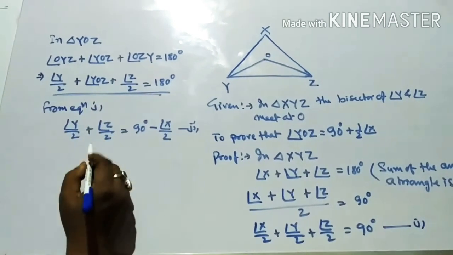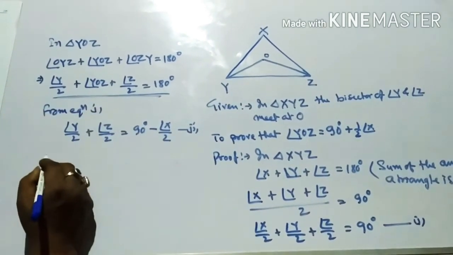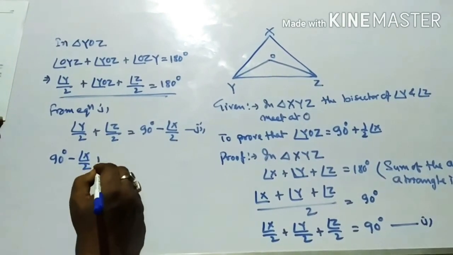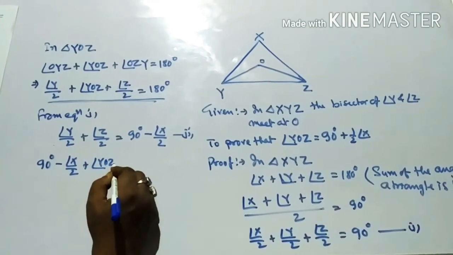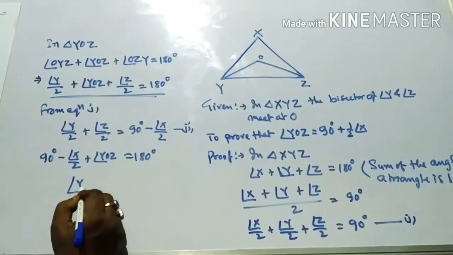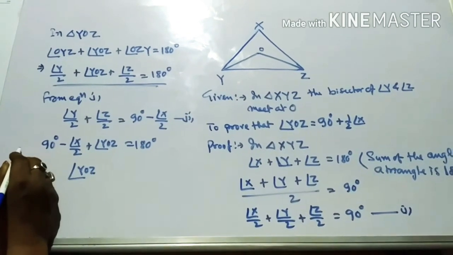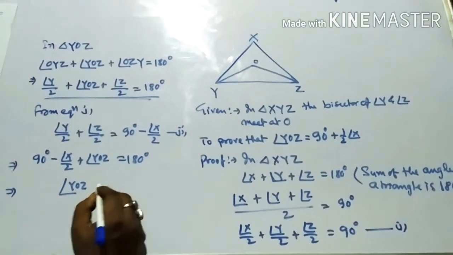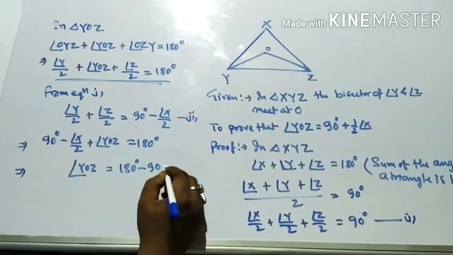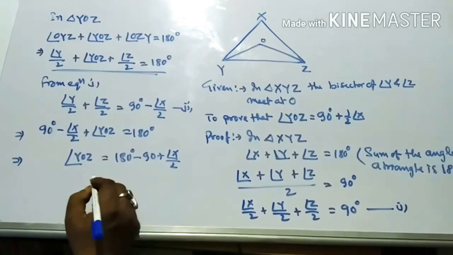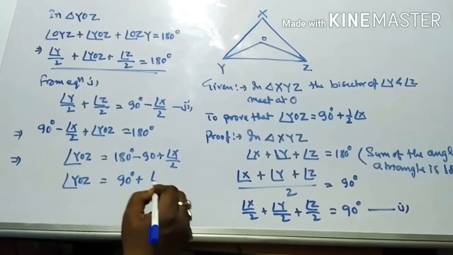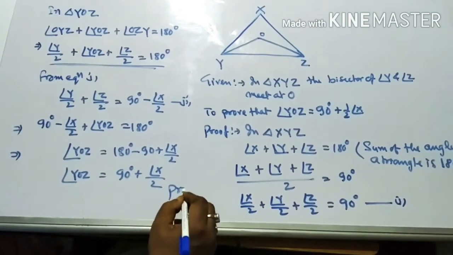So this equation becomes 90 degrees minus angle X by 2 plus angle YOZ is equal to 180 degrees. Therefore angle YOZ will be equal to 180 degrees minus 90 plus angle X by 2. So angle YOZ will be 90 degrees plus angle X by 2. This is proved.